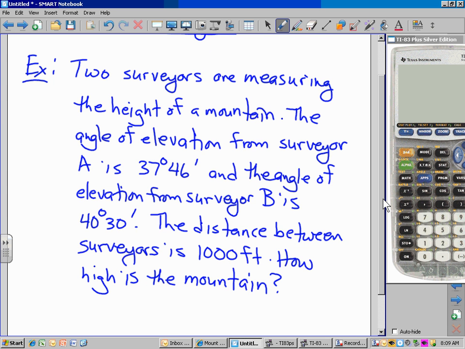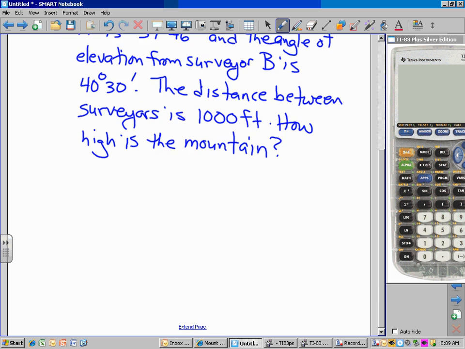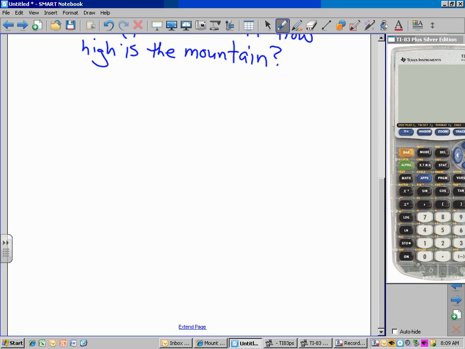We need to draw a picture. Does everybody have this copy down? All right, we got a mountain. Snow at the top. All right, we got surveyors out here making checks.